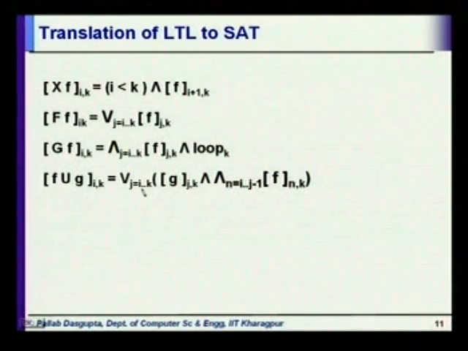So G must hold somewhere from i to k, and in all the preceding time frames F must hold. That is what this says, that there is some j where G_jk holds, and for all the time frames n varying from i through j minus 1, F must hold in it, right.